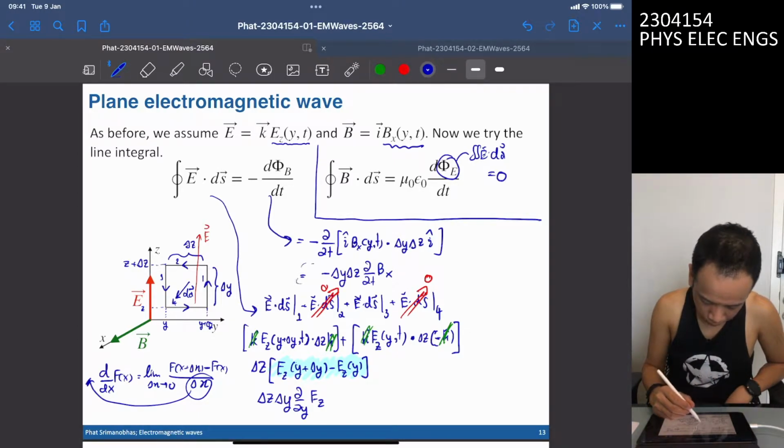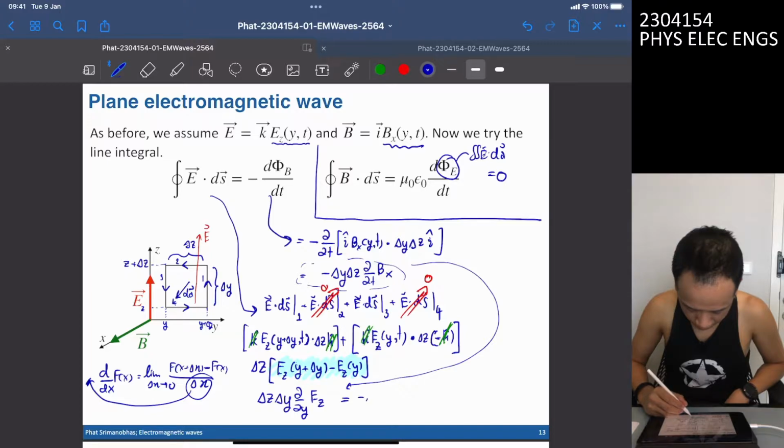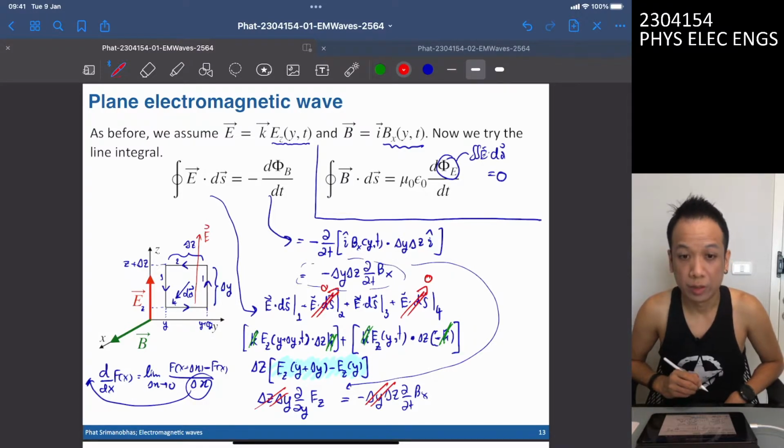Then you move to the equation here, which is equal to this equation. So equal to the minus delta y delta c d by dt of Bx. So you cancel delta y and delta c. Okay.